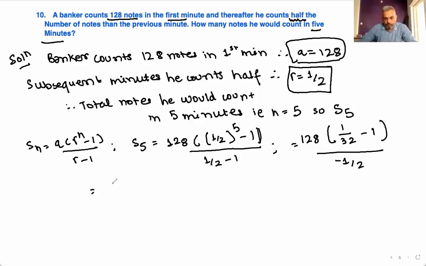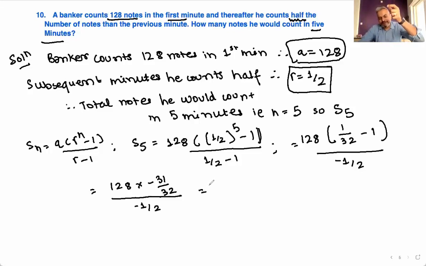So which is equal to 128 into 1 minus 32 is minus 31 by 32 whole upon minus 1 by 2. Now what will happen, 2 will go to the numerator and 32 will come to the denominator. Minus minus will become plus. So into 31 into 2 upon 32.